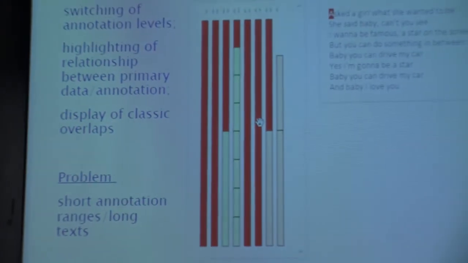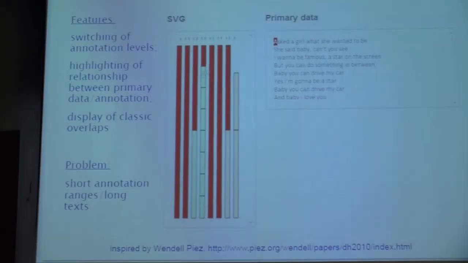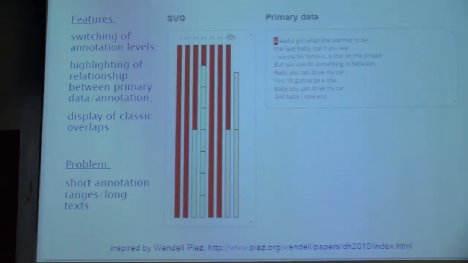So the creation of SVG for XStandOff mainly includes the possibility of switching annotation levels. This is the section including the SVG with segment bars representing the individual annotations, and these levels of annotations can be switched to the left or to the right, and there's also a highlighting of the relationship between primary data here and the annotations.